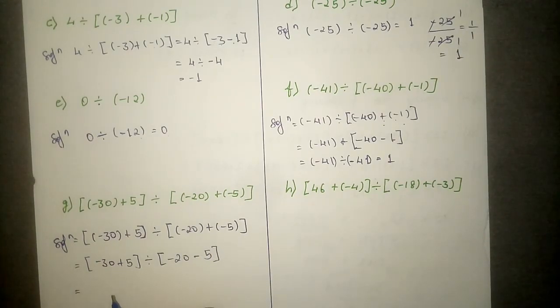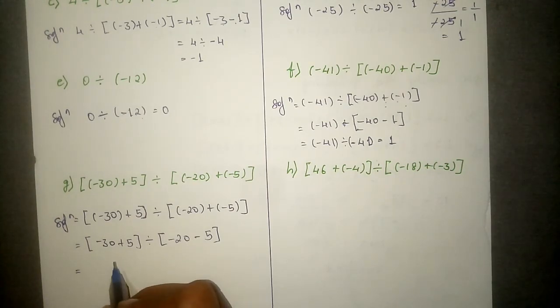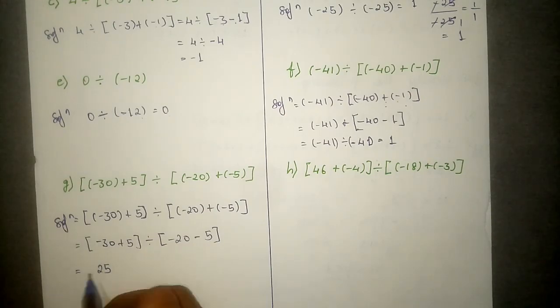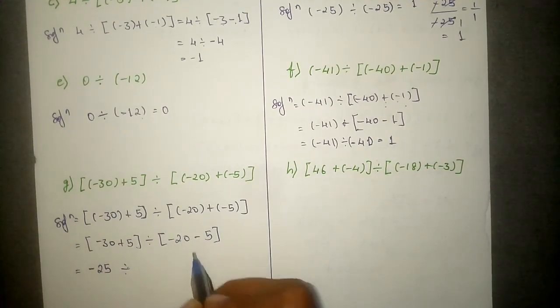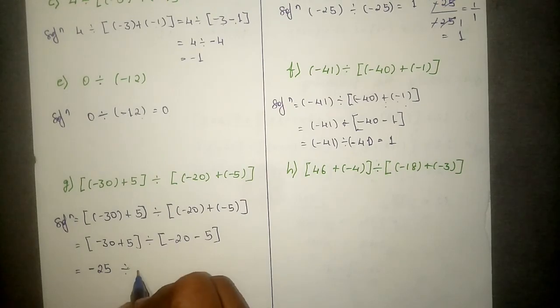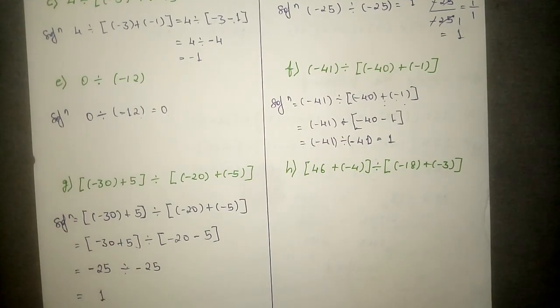Now simplify the bracket. So what is given here, minus plus will be minus, means 30 minus 5 will be 25 and here 30 is a greater number, so here we will write minus 25 as the sign of 30 is minus. Then divided by minus will be plus. So here we will write minus 25, and minus 25 divided by minus 25 equals to plus 1.